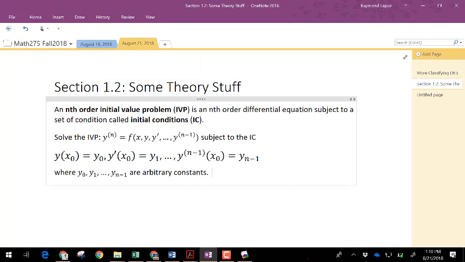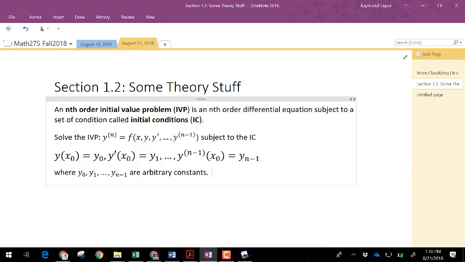In the beginning, we'll just talk about first order differential equations, so we're just going to talk about first order initial value problems. But in general, an nth order initial value problem is an nth order differential equation that has some added conditions to it called initial conditions.